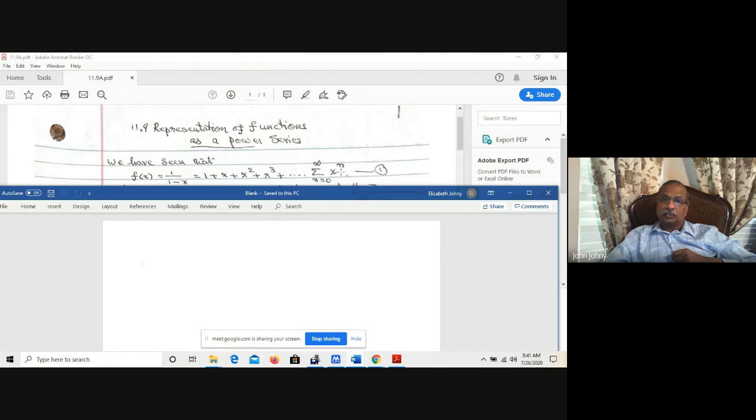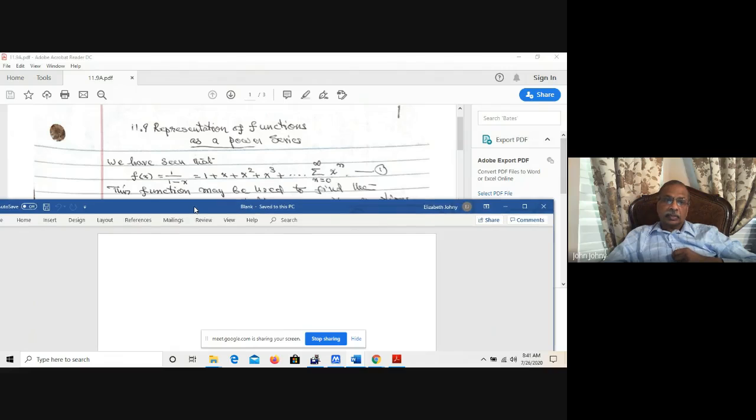When n is 0, it is x to the 0, which is 1. When n is 1, it is x to the 1, which is x, and so on. The sum of a geometric series is a over 1 minus r, which is 1 over 1 minus x. Of course, the result is true only when x lies between -1 and 1.